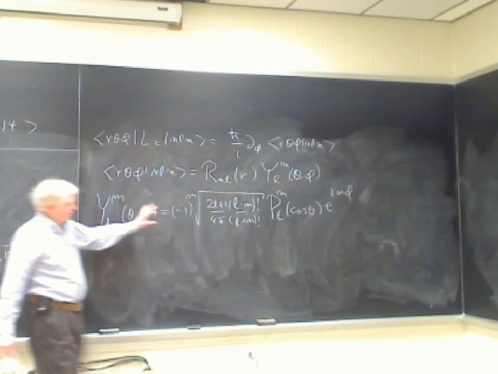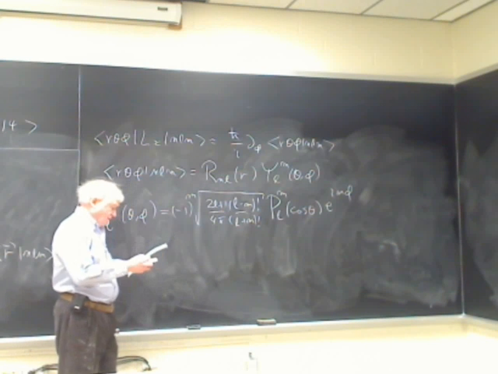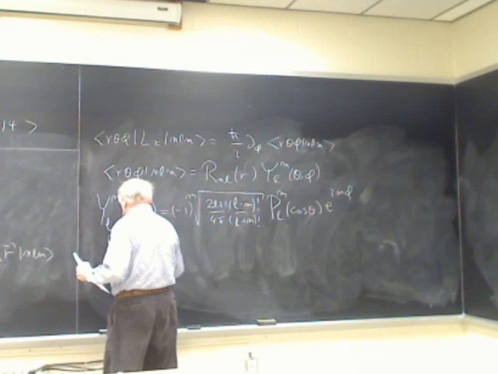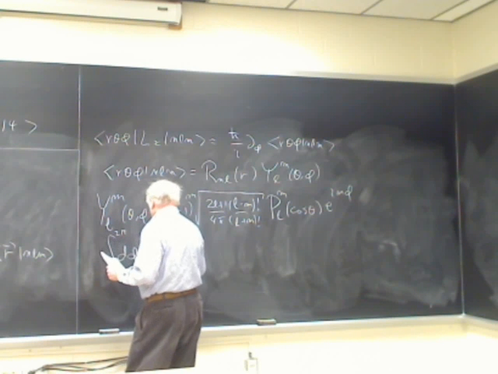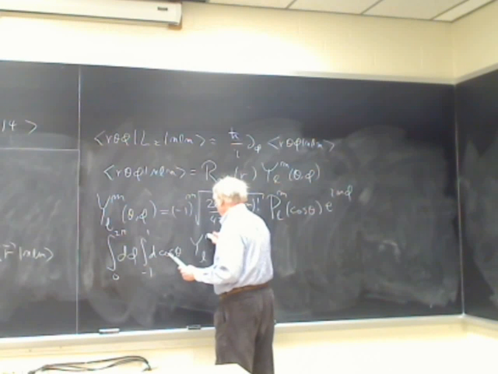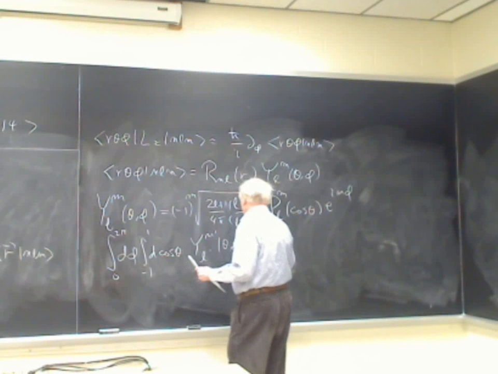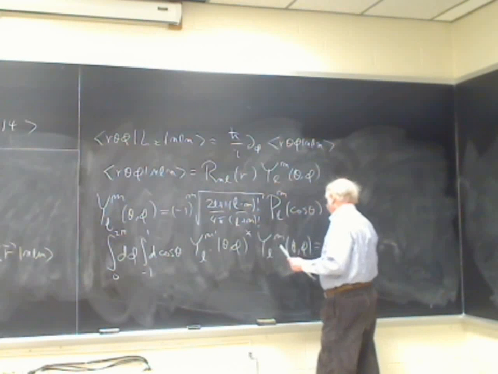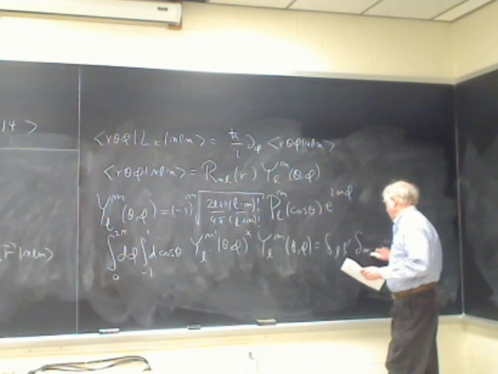These horrible square roots. The square root is for normalization. What we want is that the integral d phi from 0 to 2 pi, integral from minus 1 to 1 d cosine theta of Y_l'm' of theta and phi, complex conjugate, Y_lm of theta and phi should be delta l' l delta m' m.